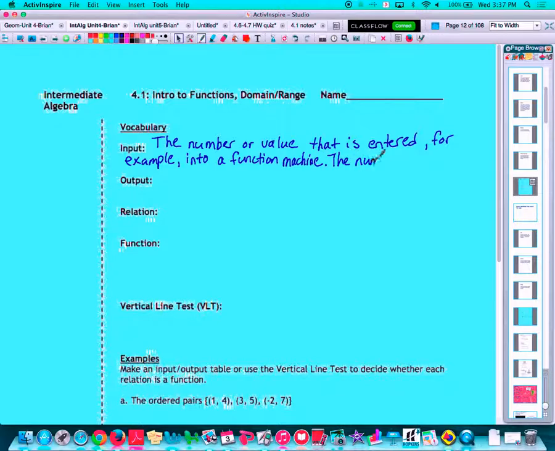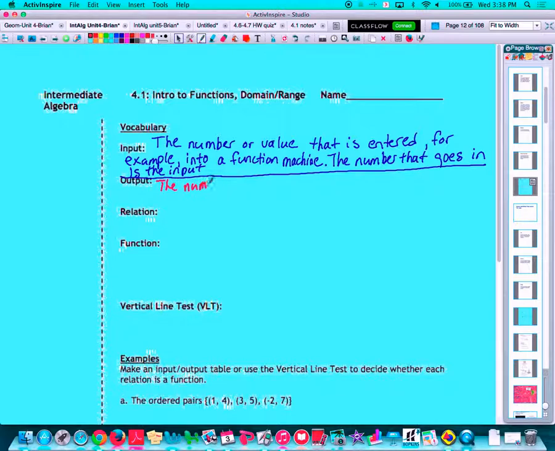The number that goes in is the input. Okay, so an input's basically the number that goes in to whatever the function is. It might be an equation, it might be a graph that we'll look at, but the input is the number that goes in.